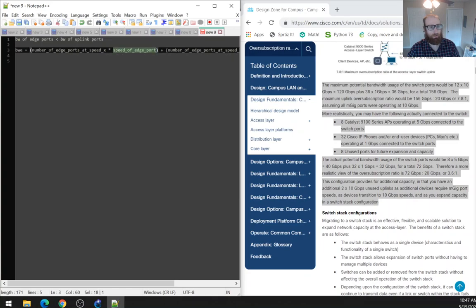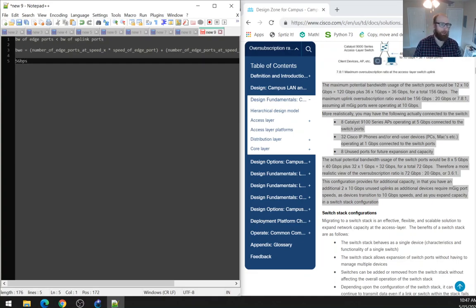So the speed of the edge port has to be 5 gigabit per second. Okay, and then we're going to multiply that, and we can do it in any order. It doesn't matter which order you do it, but let's do that second. So we're going to times this by 8, because we've got 8 of them.